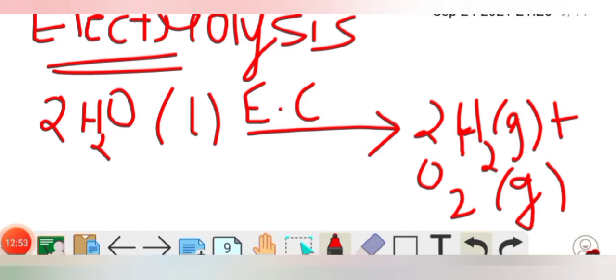This was just the electrolysis reaction. The next reaction is photolysis, or you can also say photochemical decomposition reaction. From the word itself you can understand what is involved in this reaction.